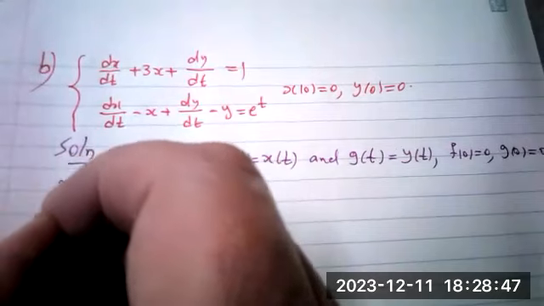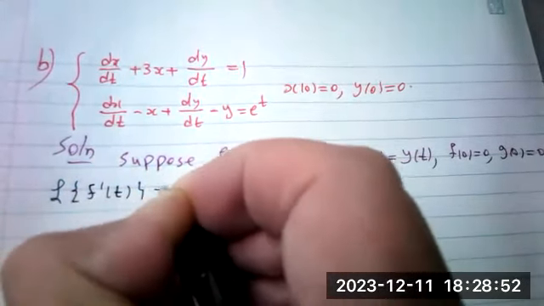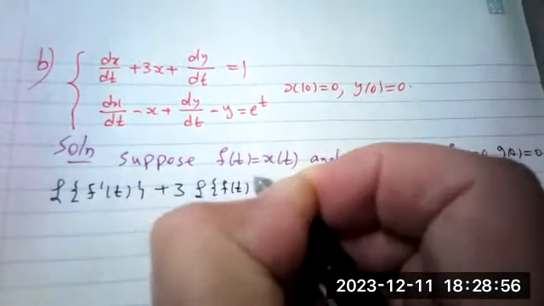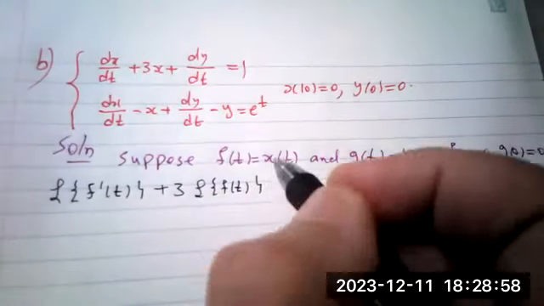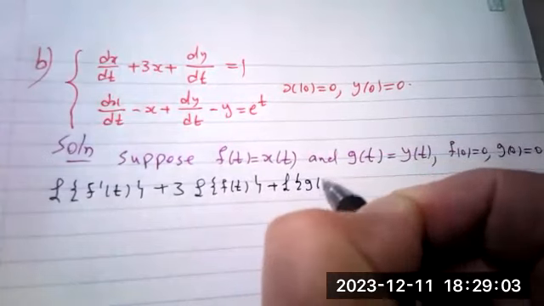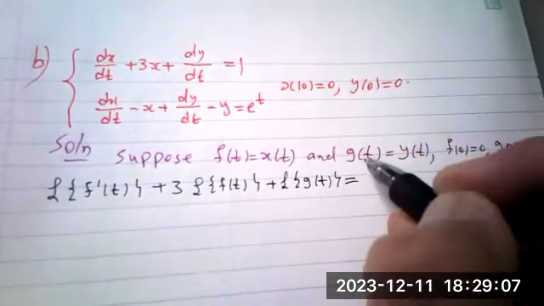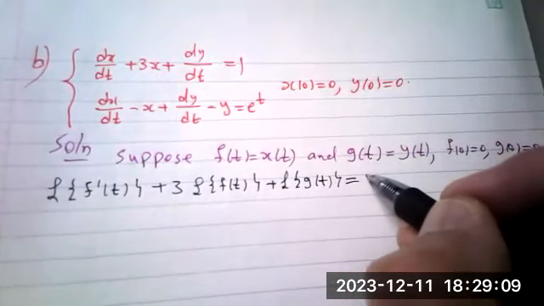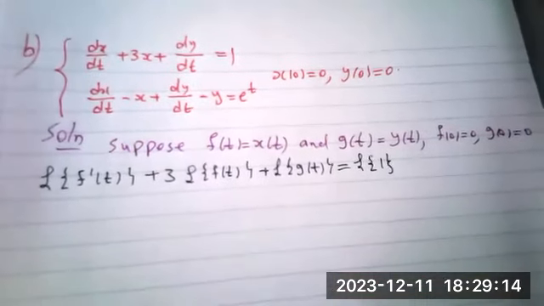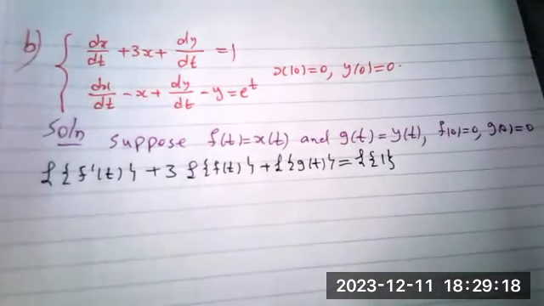So the first one would be Laplace of f prime of t plus 3 Laplace of f of t, plus Laplace of g prime of t on the other side would be Laplace of 1. Laplace of 1 is t to the 0, so it would be 1 over s.